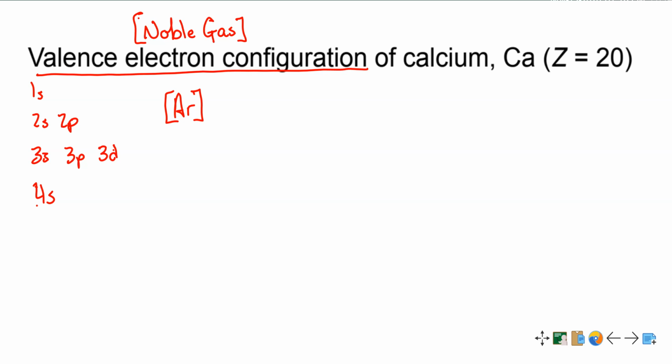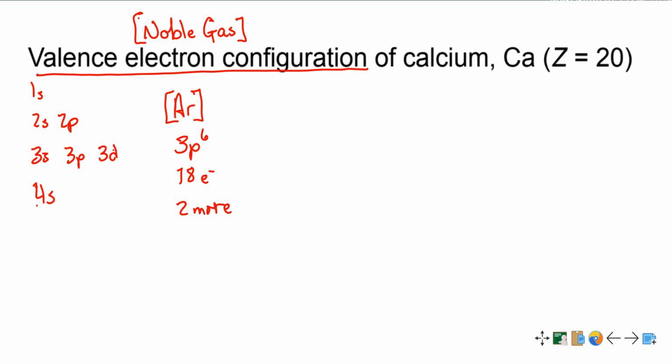Now, argon takes me up to 3p, and it's full, so 6. Now, you might be thinking, how many electrons has it already used up? Well, what's the atomic number of argon? Hold on a sec, my periodic table's across the room. 18. Argon is 18 electrons. So I have 2 more to deal with.